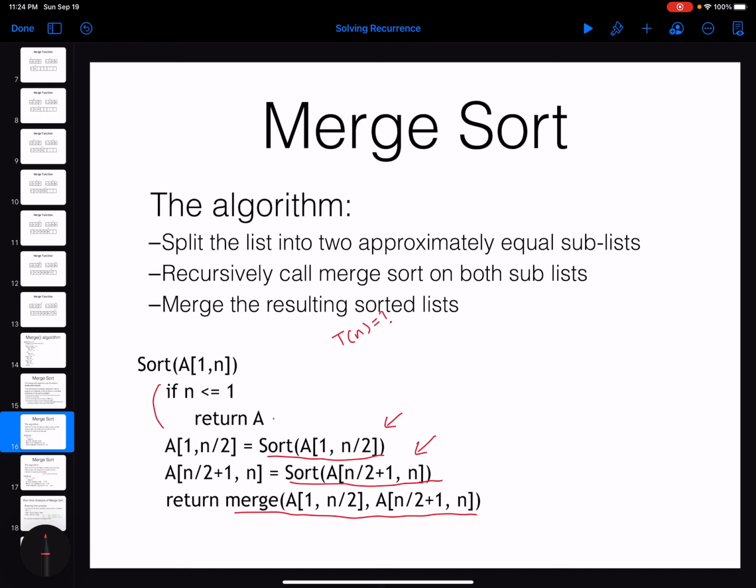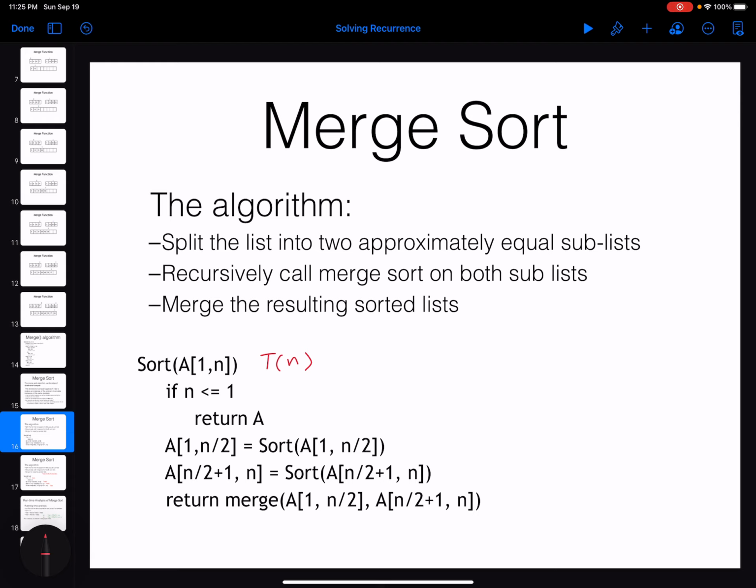So let's look at merge sort and see how we can find the time function for it. What we are interested in here is to find the time function, which we are going to call T of n.